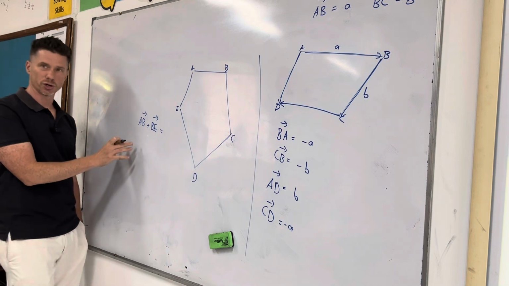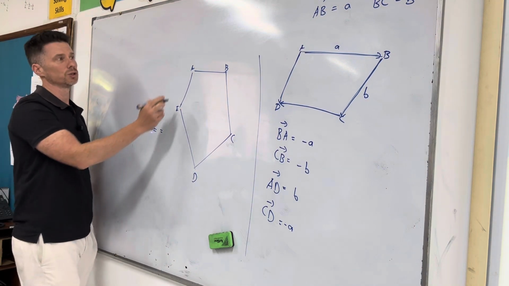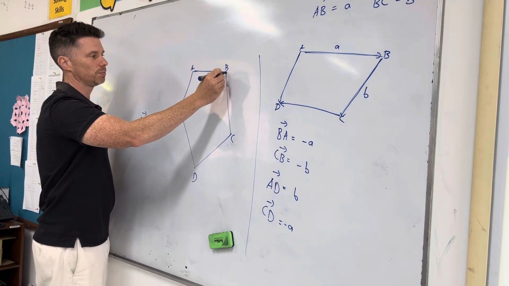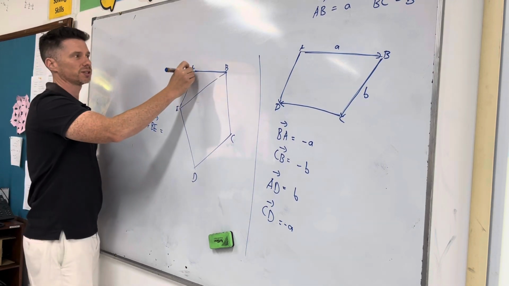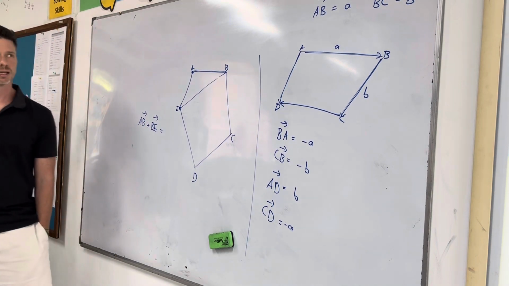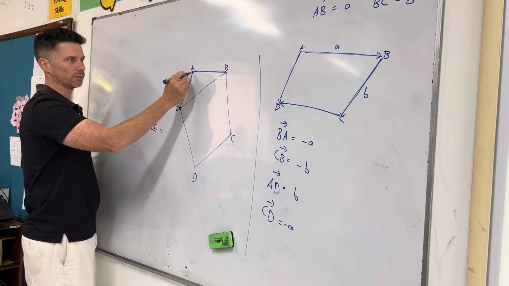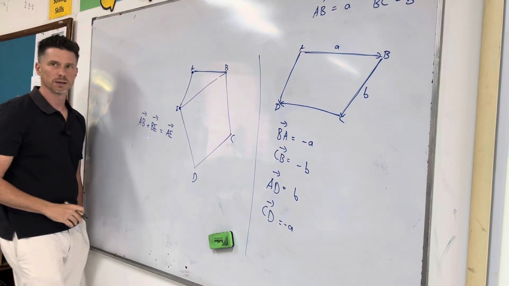So let's look at the journey it's taken. It's gone from A to B and then B to E. So how could we get from the start point to the finish point with one vector? A to E. Yes, you see that? We can just have gone straight there. So that is the same as A to E.